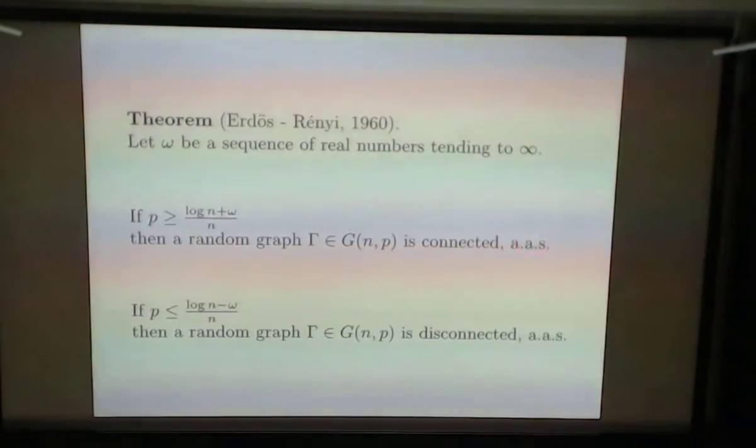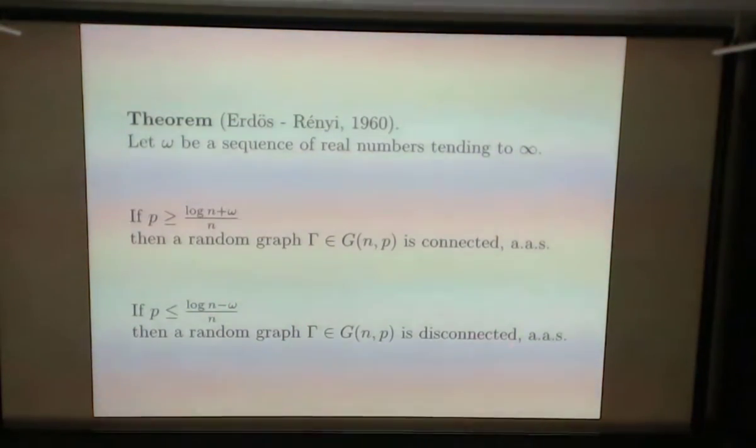So this is an important phrase which I'll explain in a moment. And if p is less than (log n minus omega) over n, then a random graph is disconnected asymptotically almost surely. So asymptotically almost surely means that the probability that this statement holds tends to 1 as n goes to infinity.